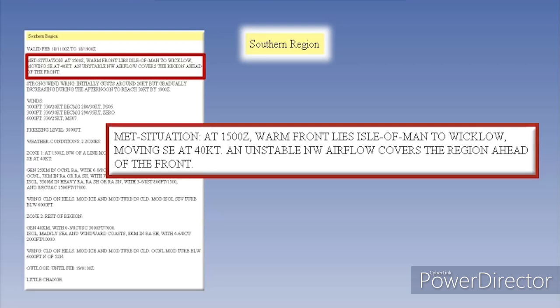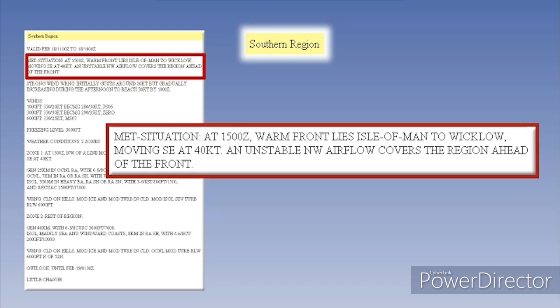Comment is usually made of any fronts which will affect the region, together with any movement. Details of air mass changes will also be given. Common, concise, plain English is used to describe the meteorological or MET situation as it is usually called.